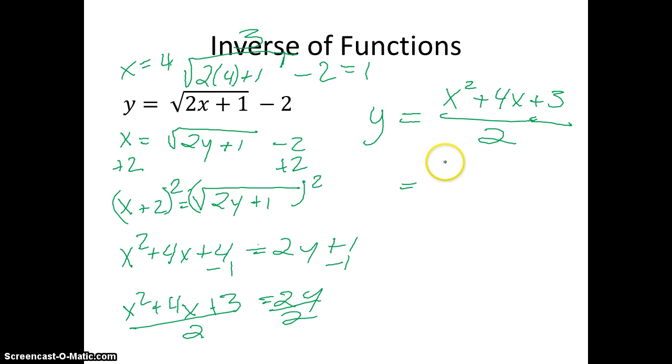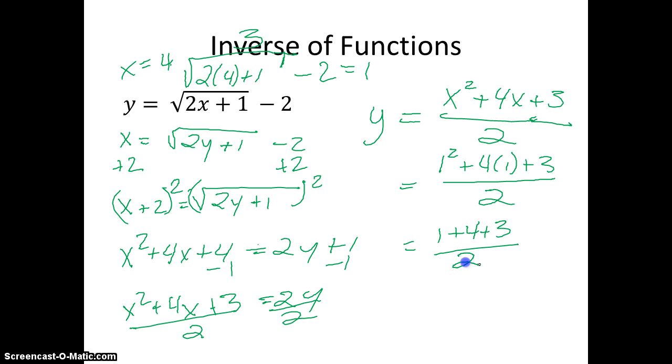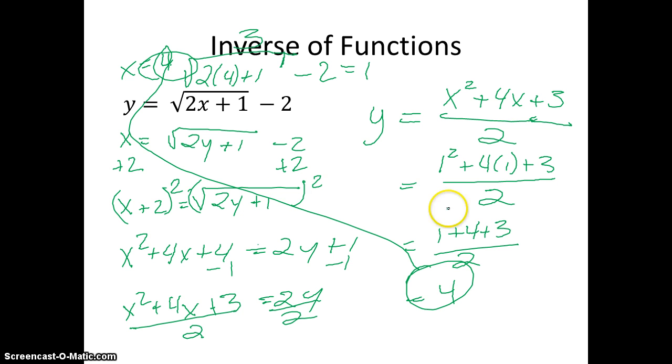So if I plug that 1 in here, I get 1 squared plus 4 times 1 plus 3, all divided by 2. So that gives me 1 plus 4 plus 3 divided by 2. 4 and 3 are 7, plus 1 are 8. 8 divided by 2 equals 4. 4 here matches the 4 here. And so, check, we are done.